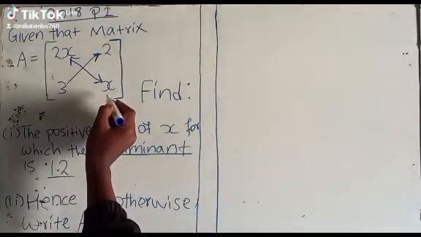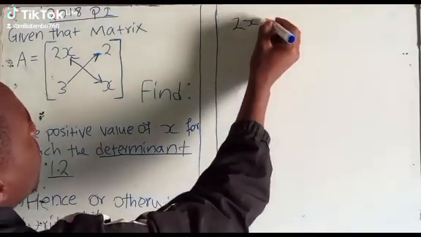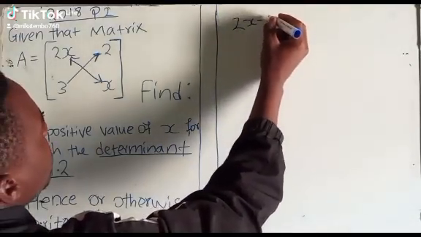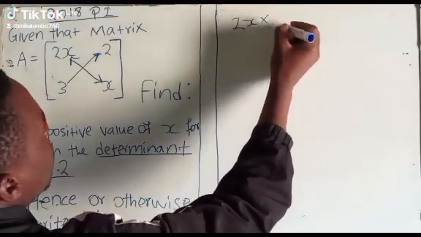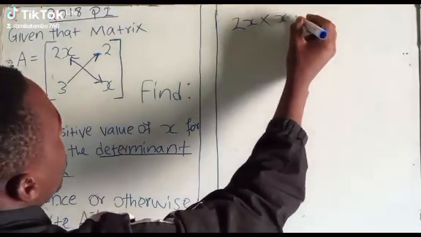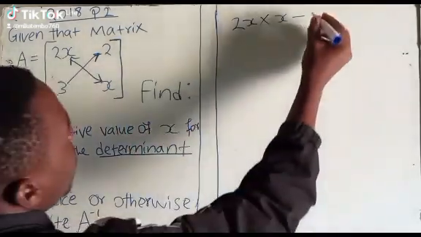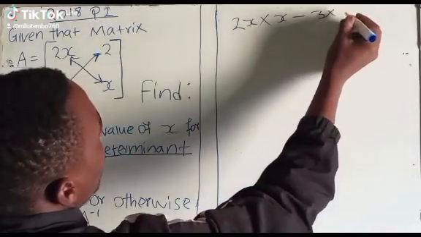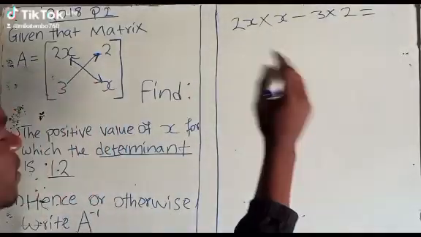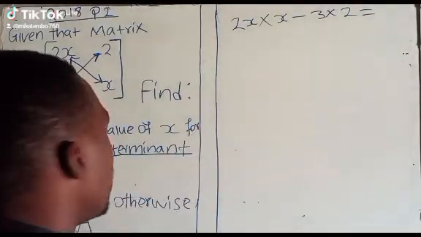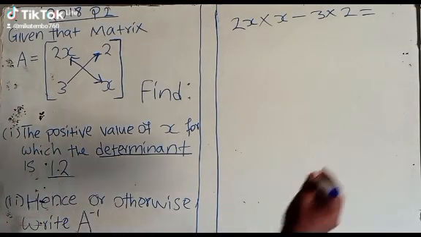2x multiplied by x, then minus 3 multiplied by 2. This is equal to the determinant, and the determinant is the one which has already been given, which is 12.